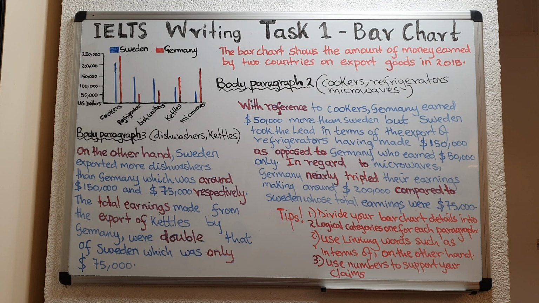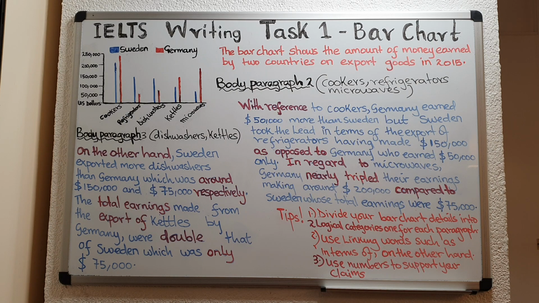Sweden exported more dishwashers than Germany, which was around $150,000 and $75,000 respectively. On the other hand, Sweden exported more dishwashers than Germany. Now, once I have that claim, I have to support it with numbers, which was around.